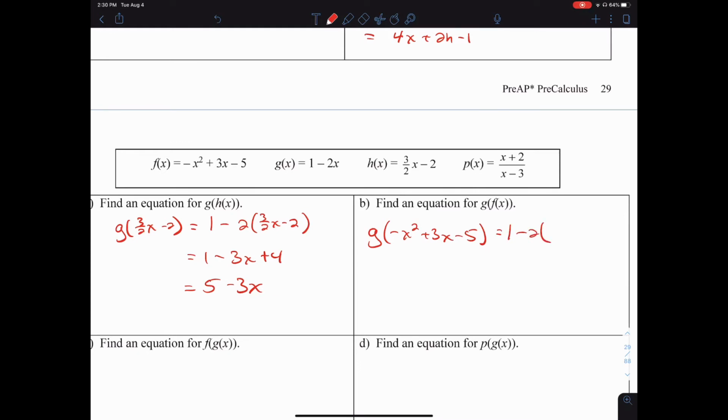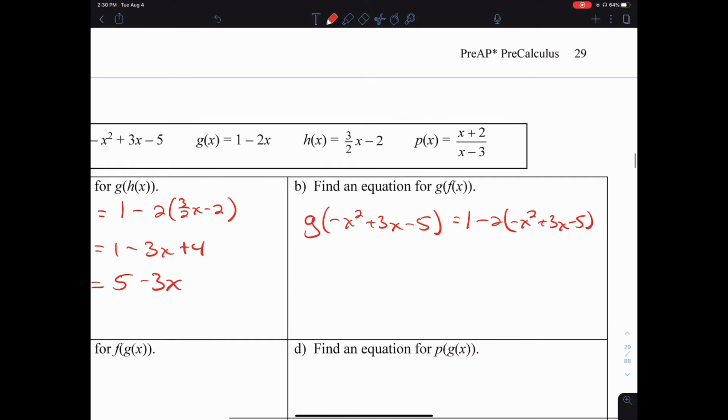We're putting in for the x that's in that, negative x squared plus 3x minus 5. We distribute the negative 2. Combine like terms and put this in descending order with respect to the exponents. We get 2x squared minus 6x plus 11.